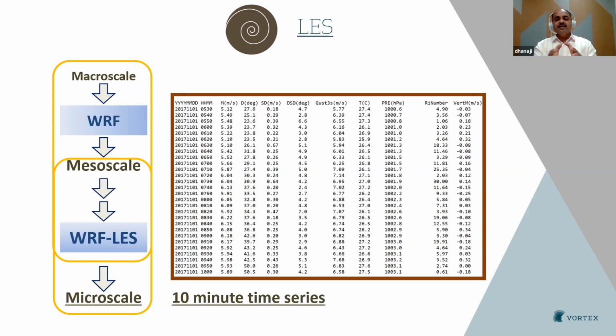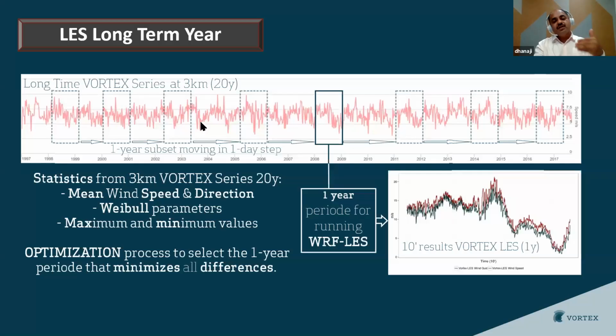There is another thing. Suppose we are also delivering the long term year in the case of LES. So either the user can decide what 1 year they want, or they can go for the long term year. So what is the long term year concept? Okay, you can see initially we launched the Vortex series at 3 km resolution for a 20-year period, and then the tool makes a 1 year window and moves that window to search for the representative 1 year period for that particular location.